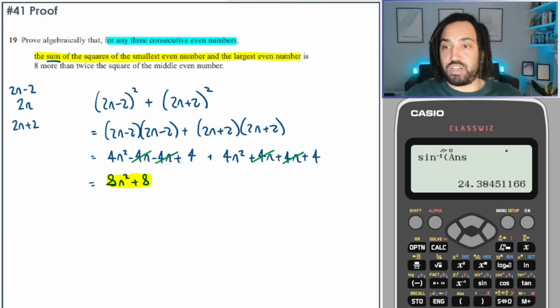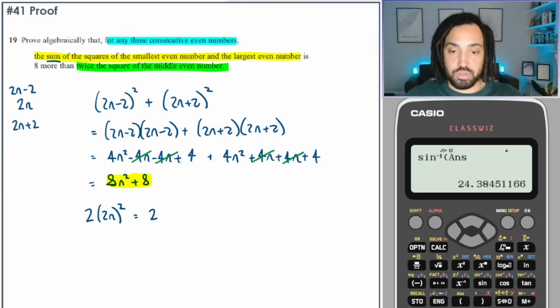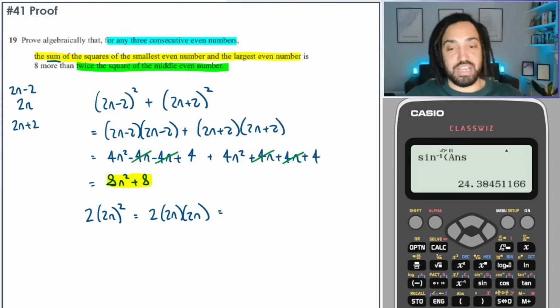Let's now find twice the square of the middle even number. So that will be 2 lots of the middle even number squared. Okay, so that's 2 lots of, well, 2n times 2n is 4n squared. So that is going to give me a total of 2 times 2 times 2, so that's going to be 8n squared.